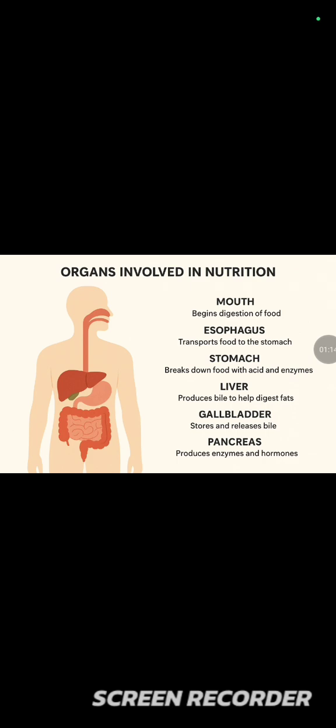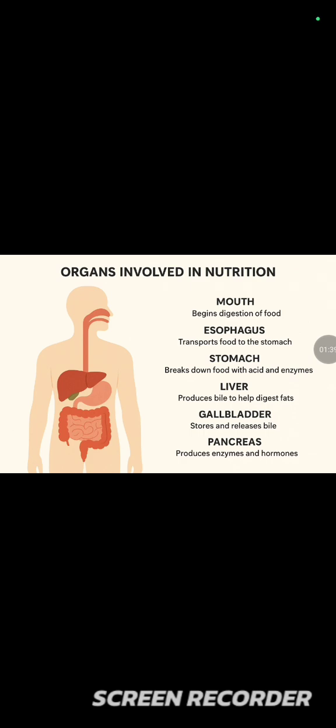First and foremost, digestion begins from your mouth itself. You have your teeth, tongue, and salivary glands, and everything works together to break down the food. The teeth primarily do the mechanical digestion, followed by the saliva, which starts the chemical digestion, which is the digestion of carbohydrates.